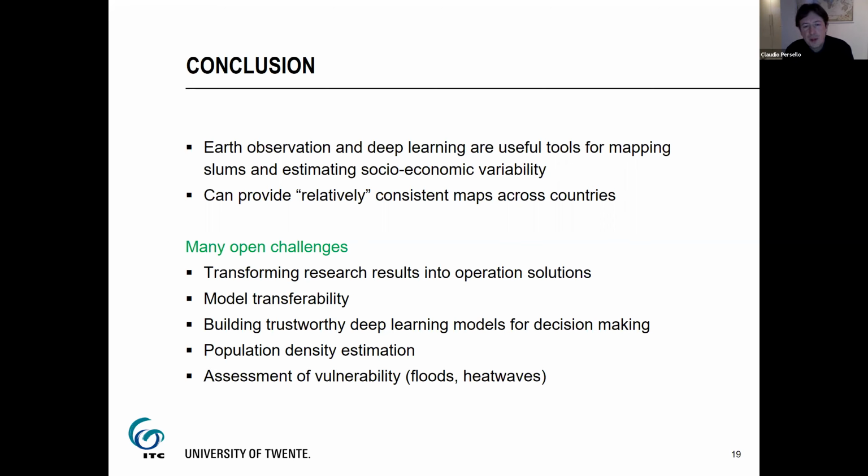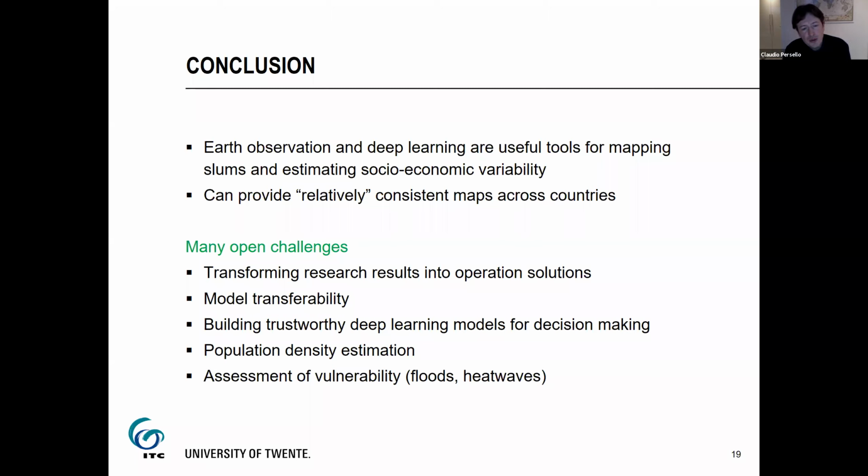This is one of the big problems when assessing or monitoring the target indicators of the Sustainable Development Goals, because results of different countries are not directly comparable. But of course, there are also many open challenges, many things that still need to be addressed.